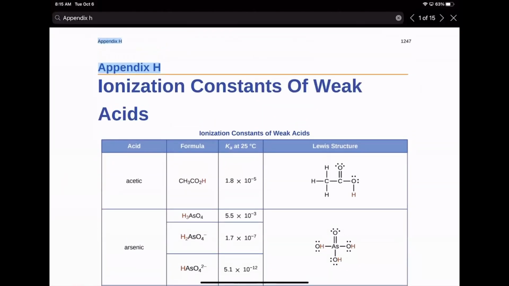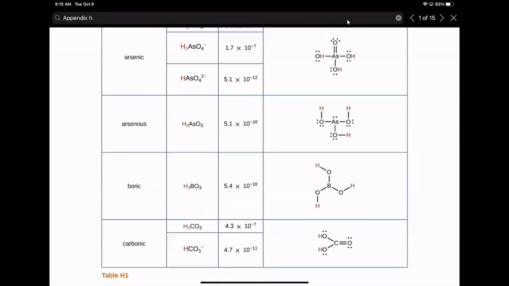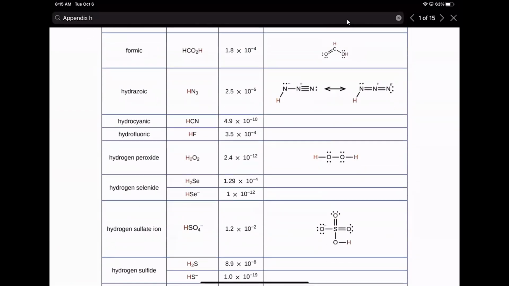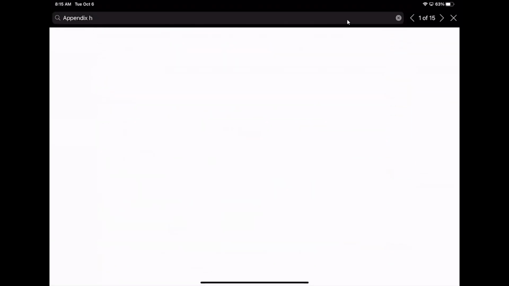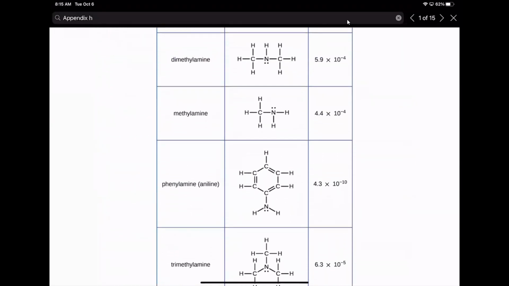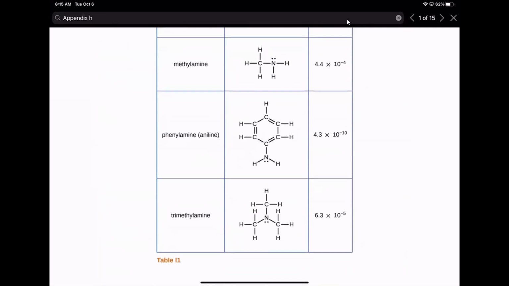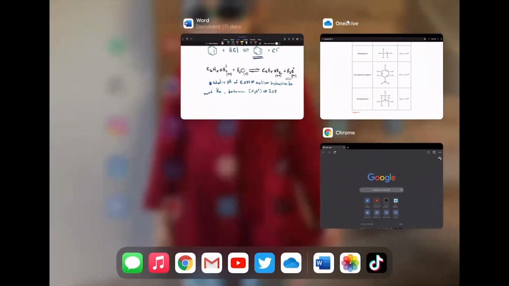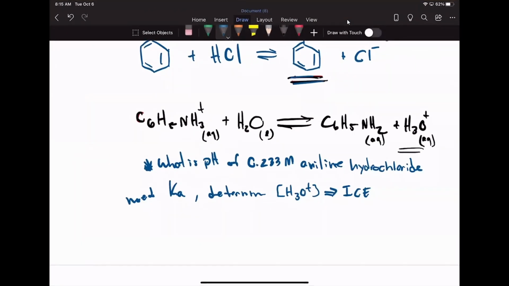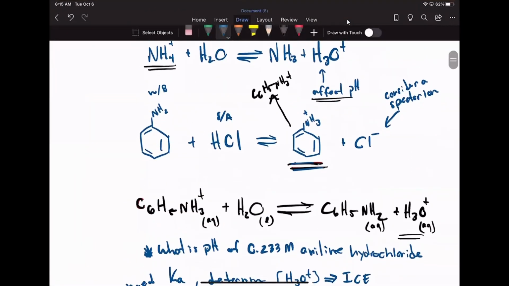I've already drawn aniline, and if we remember the drawing of aniline, here is the line structure of aniline chloride.